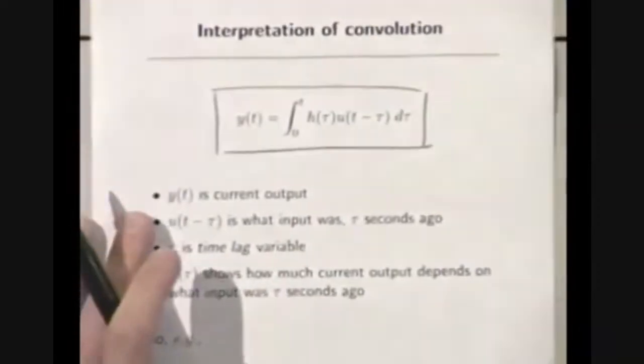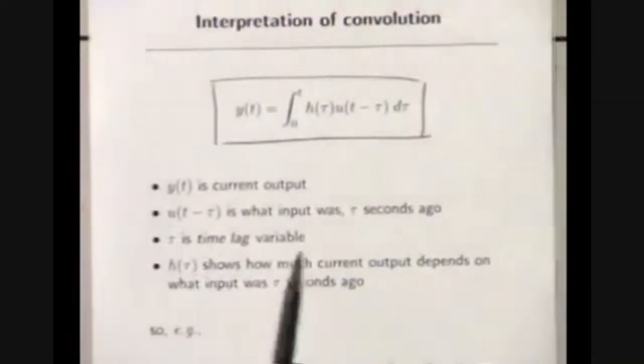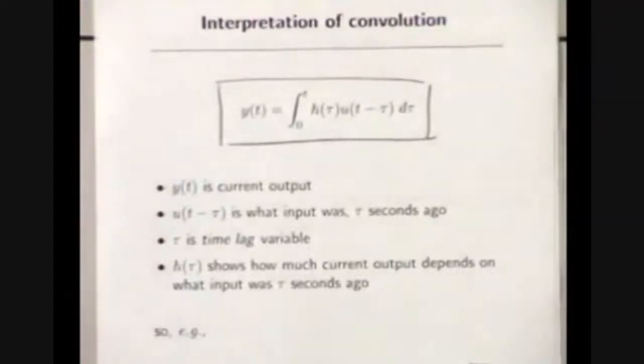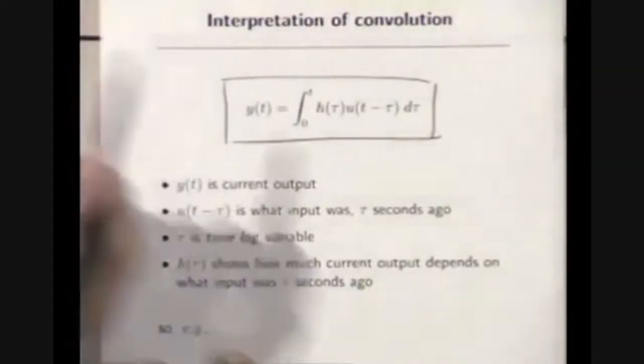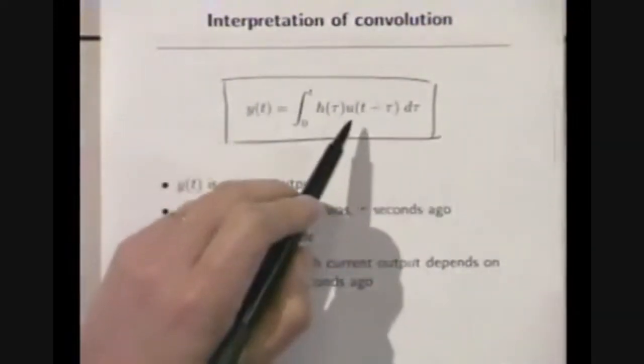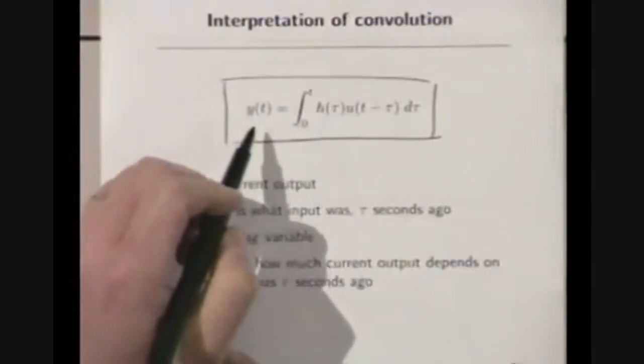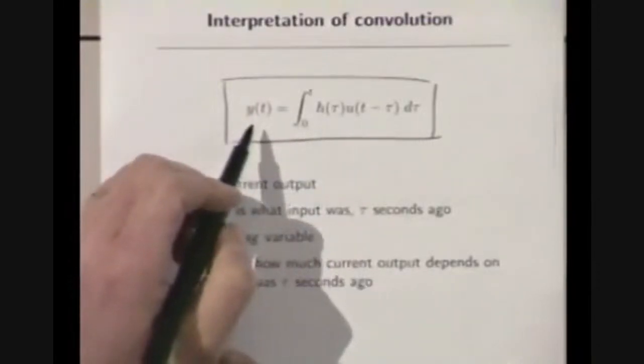Okay, so on the other hand, there's a lot more we can say about this in terms of just interpreting it. What does it mean? How do you think of it? And here's the way I think of it, and then we'll continue this next time. So I think of this as a system. U drives the system. It's the input to the system, and Y is the output of the system. It's what comes out. Okay?